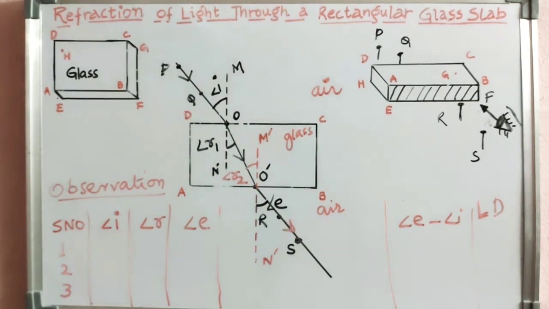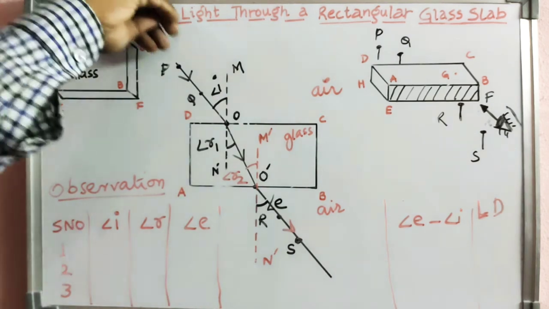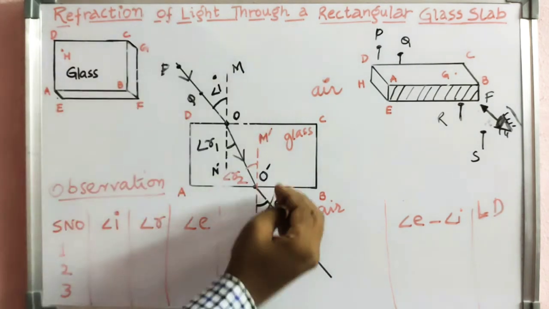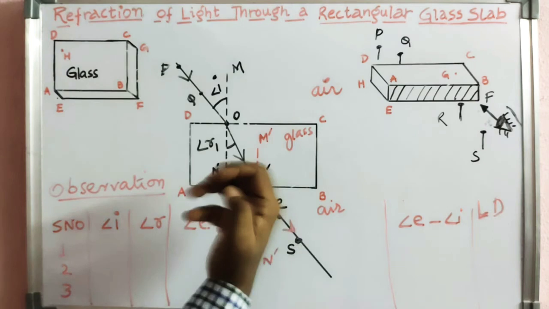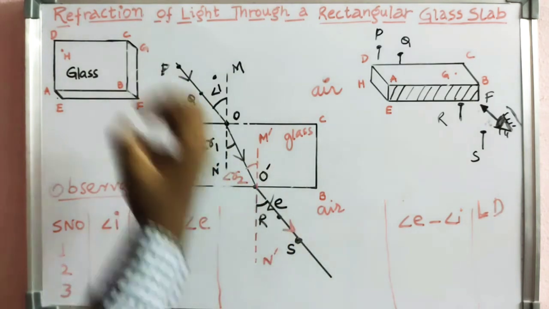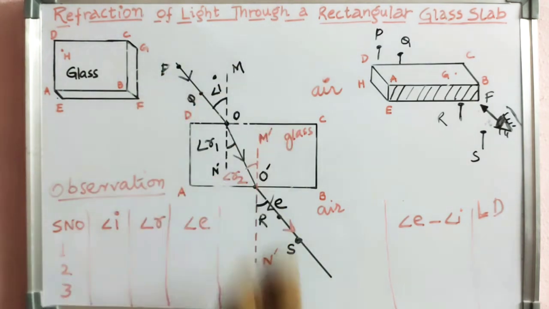Now let's come here. Why am I calling this one R1, this one R2, and this one E? This is how the light enters the glass slab and where it comes out. When the light comes out of the glass slab, it is emerging out from the glass slab.